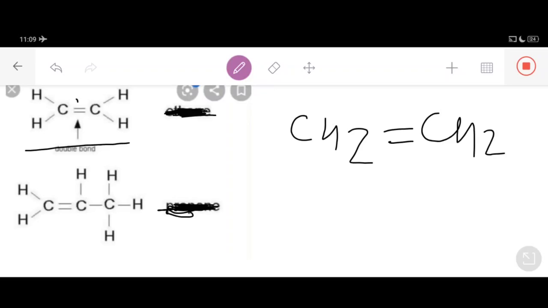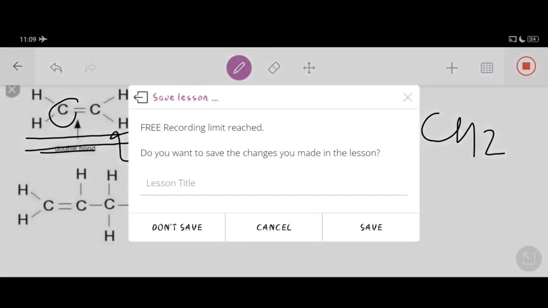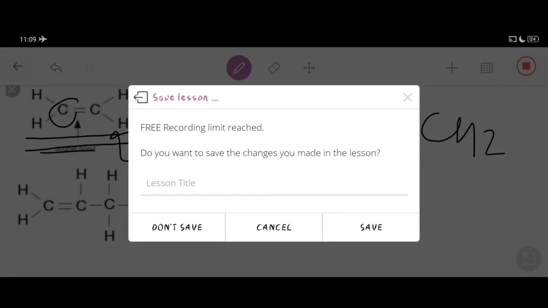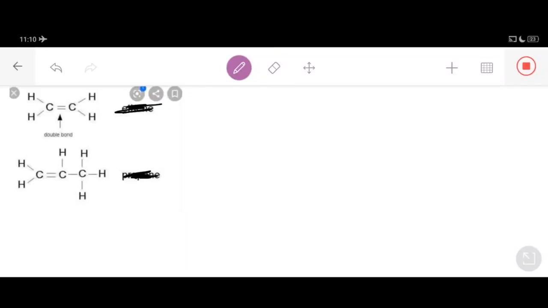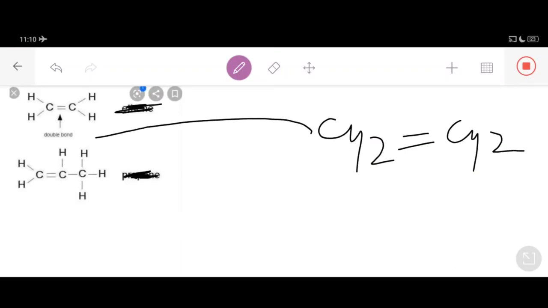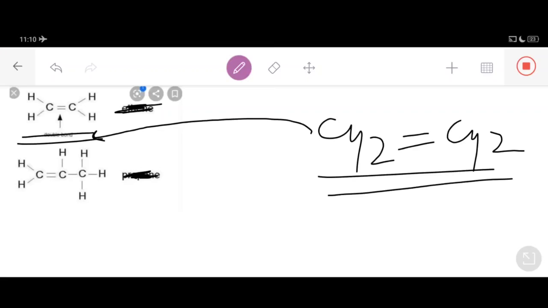This is the open structure of this compound. This is the condensed formula. So what we are supposed to do is select the longest chain.